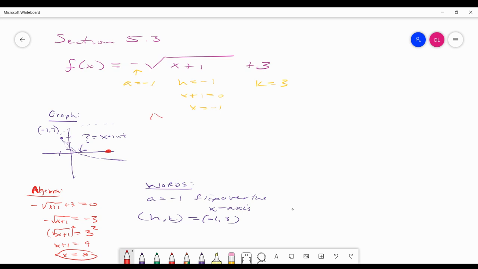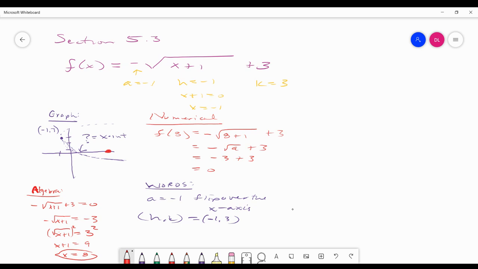Okay, so let's double check it here. And so we have our numerical piece. We want to check f of 8 and make sure it equals 0. F of 8 equals negative square root of 8 plus 1, plus 3, which is equal to negative square root of 9 plus 3, which is equal to negative 3 plus 3, which is equal to 0. So f of 8 equals 0. So now I know for sure it is an x-intercept.